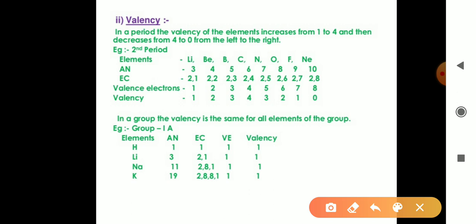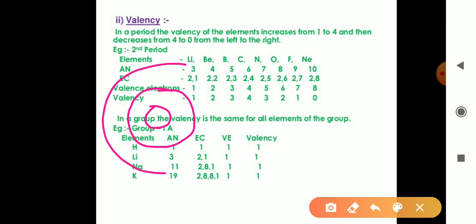So valency is the number of electrons that either donated or either accepted by the atom to complete its octet. Now what is meant by octet? So if this is nucleus and these are the shells, first shell and second shell. Now every atom try to make 8 electron in its outer shell.